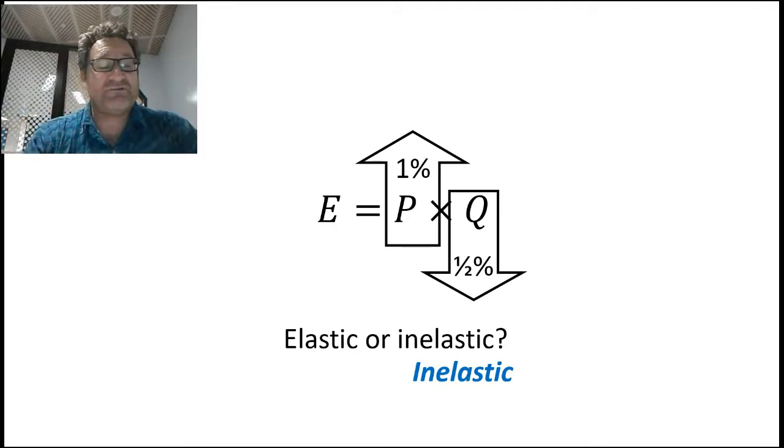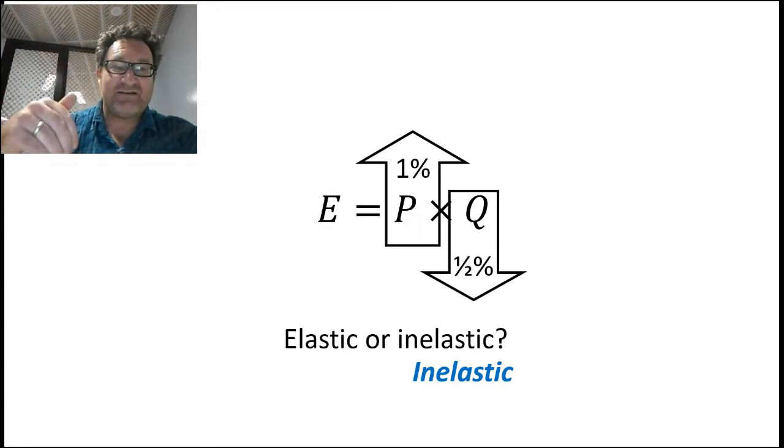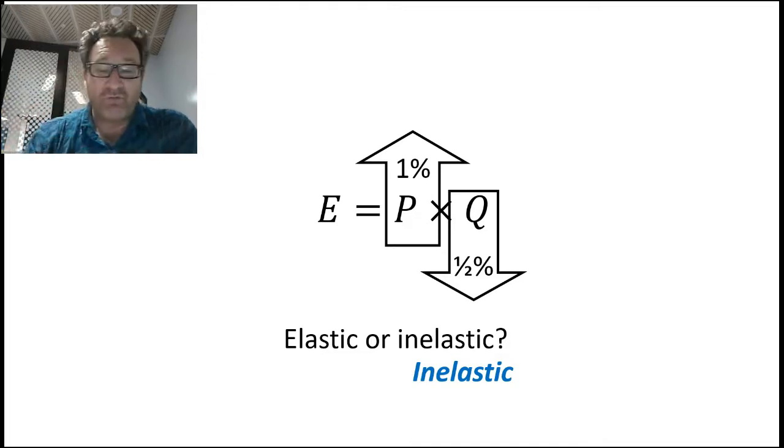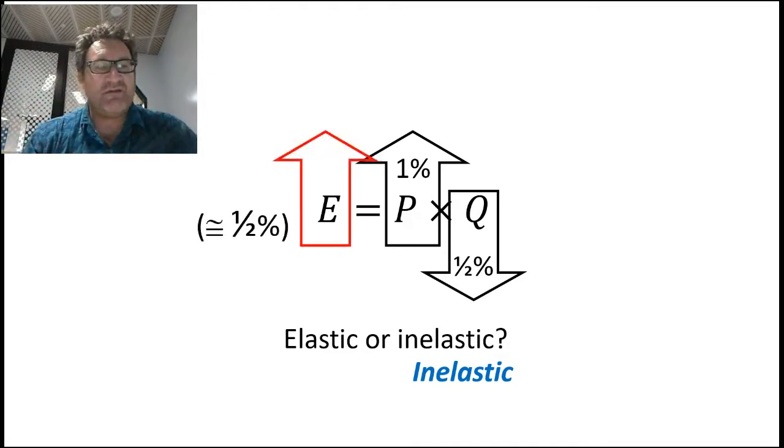So what's going to happen to expenditure because demand is relatively price inelastic? It's being dragged up by 1% and it's being dragged down by 0.5%. Overall, we can say that expenditure will rise approximately by 0.5%.